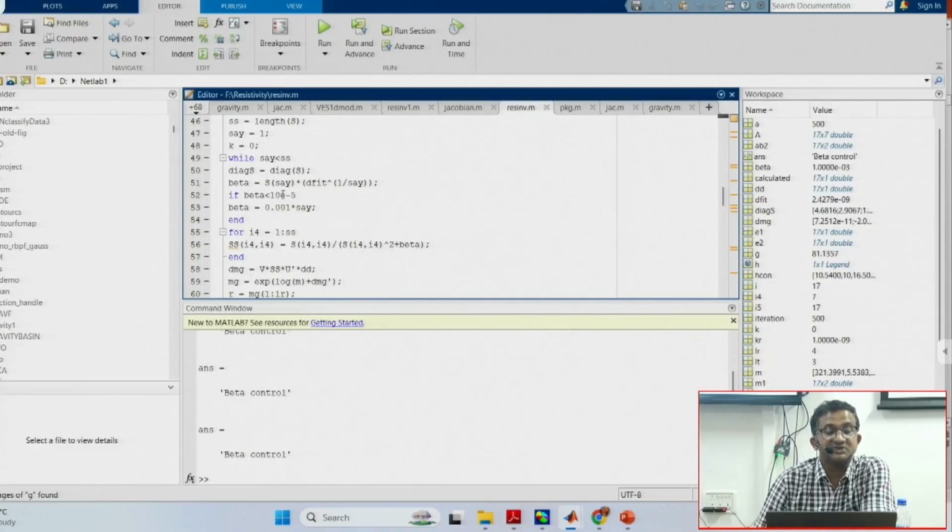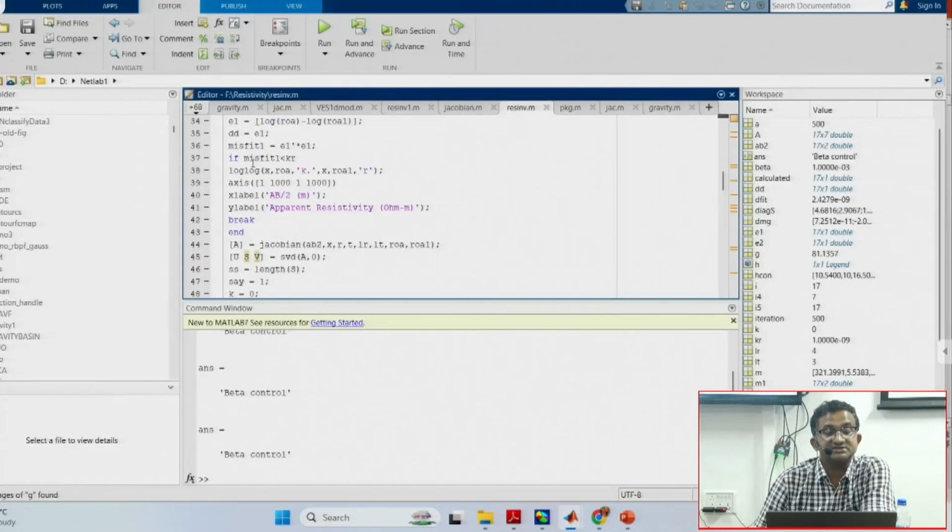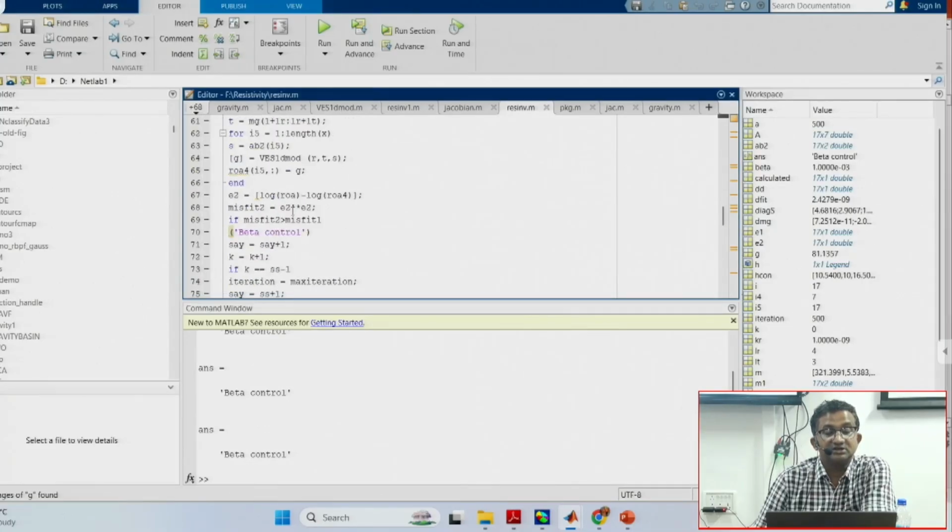Then there is this beta, which is the damping, which is taken into account. So beta is a term there, beta squared I, where I is your identity matrix. It will be directly added to the diagonal elements of S. Finally we will compute, with each iteration, rho A, say rho 1, rho 2, rho 3, like that.